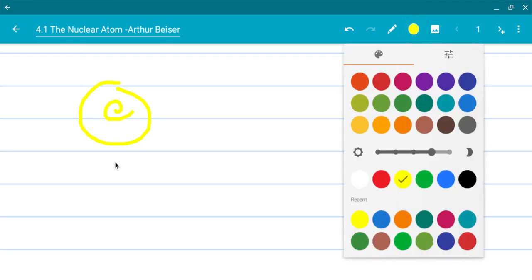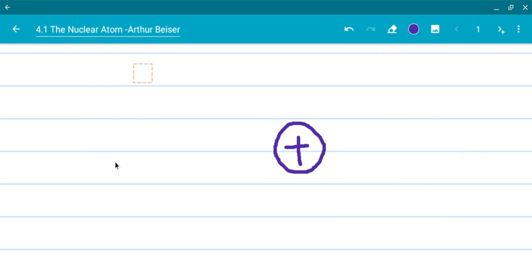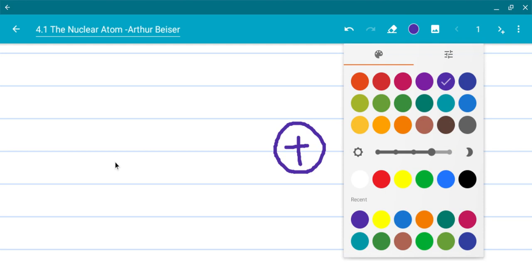So I'll draw the structure of the atom as provided by Rutherford in conclusion to the Geiger-Marsden experiment. So this is how this looked like. You have your positive structure, right? Let's erase this bit and let's take another color for electrons.